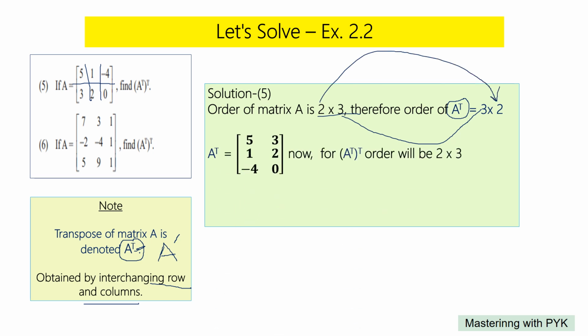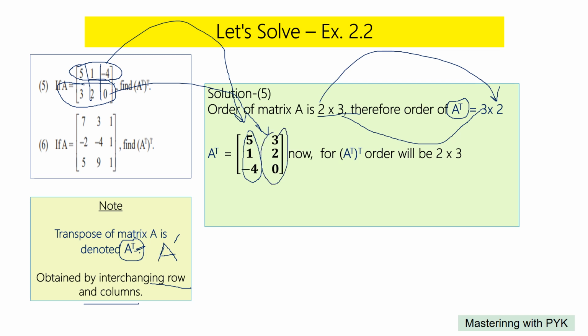So A transpose would have my rows become columns. So 5, 1, minus 4 becomes the column 5, 1, minus 4. So the row 3, 2, 0 becomes my column, that is 3, 2, 0.